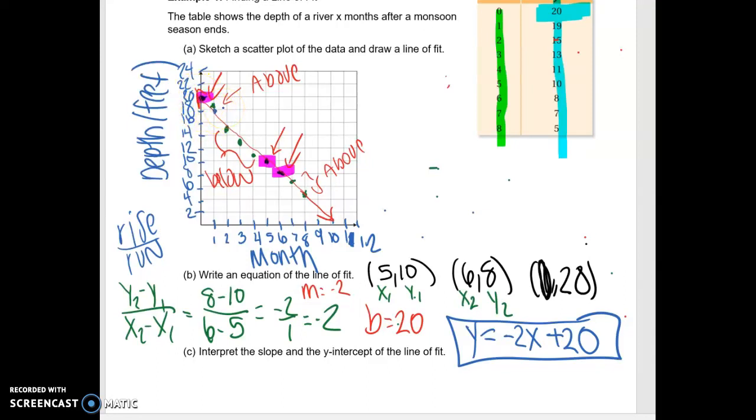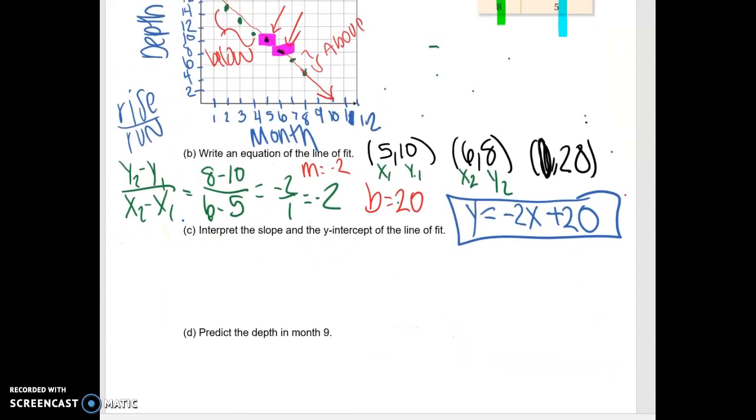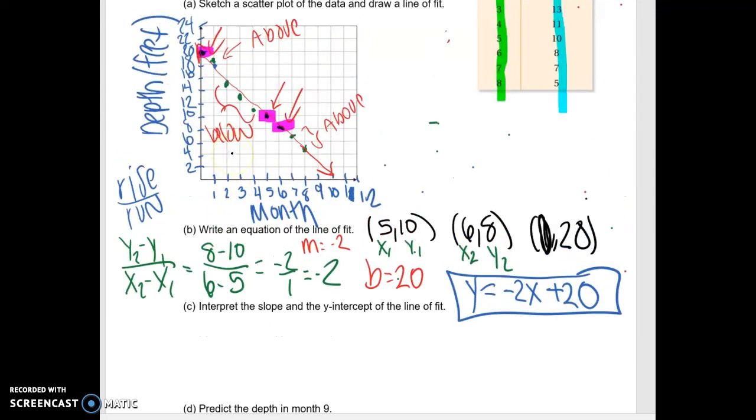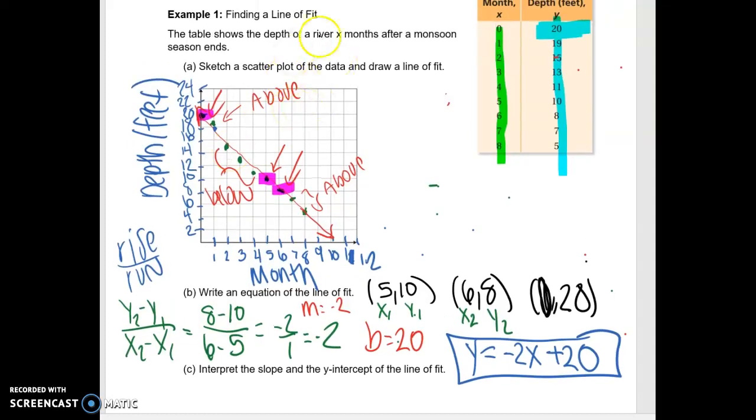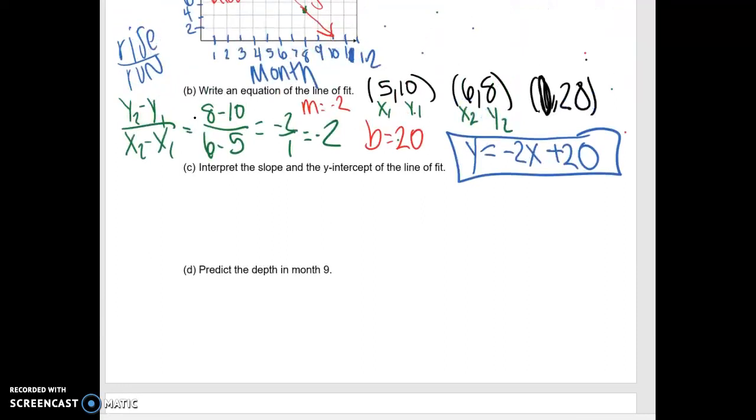Okay, now it says interpret the slope and the y-intercept of your line of best fit. So we know that this particular scatter plot talks about the depth of the river after a monsoon season ends. So right when this season ends is how high this river starts. And this river starts at 20 feet.